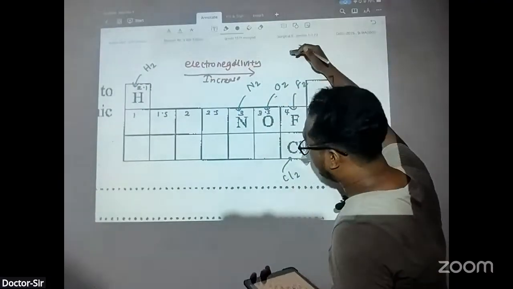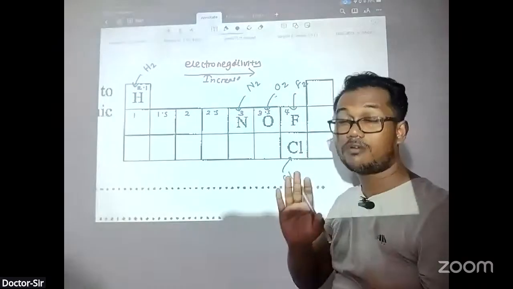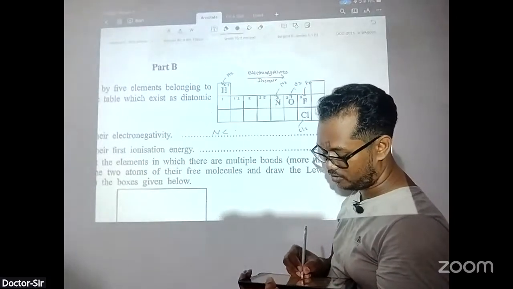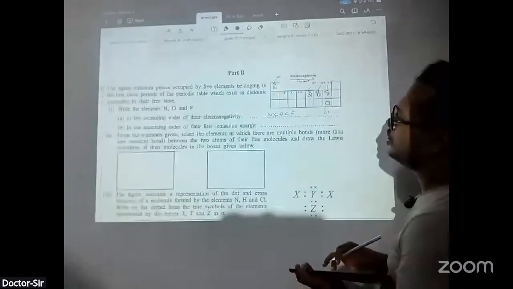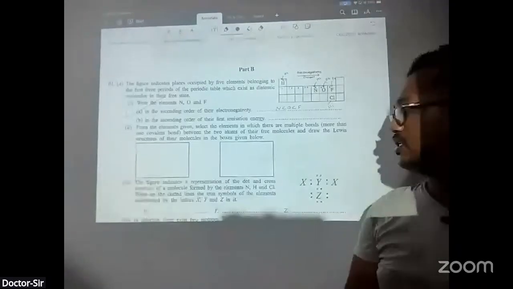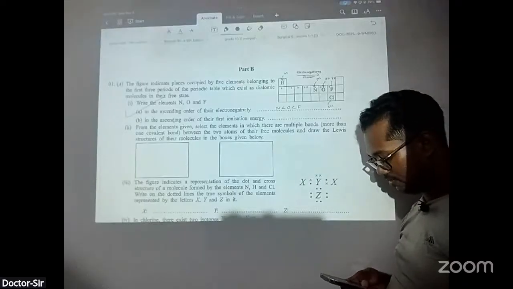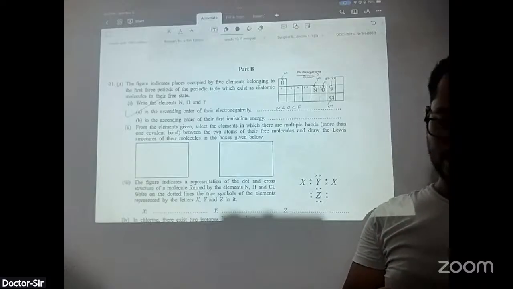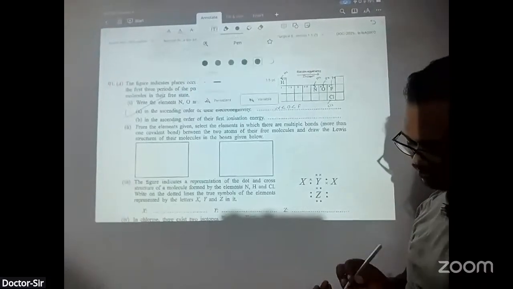Electronegativity is increasing along the period from left to right. So the answer for this question: nitrogen, then oxygen, then fluorine. So this is the electronegativity pattern. If you write this down, you can get marks. You can divide the marks as well. If you answer this part correctly, you can score 1 mark.